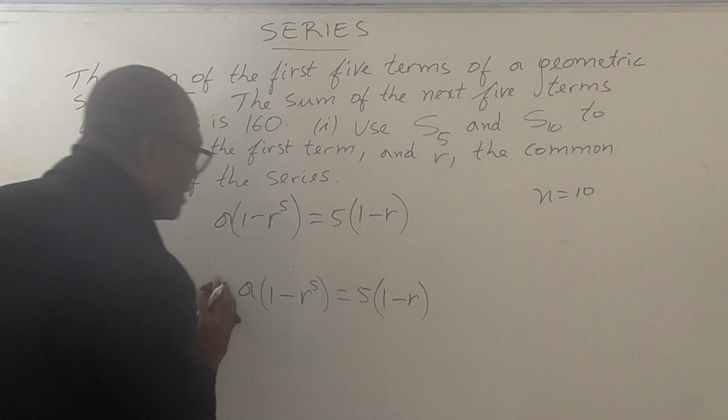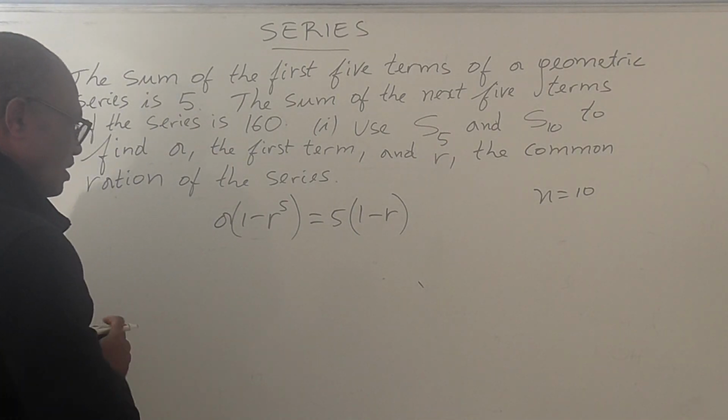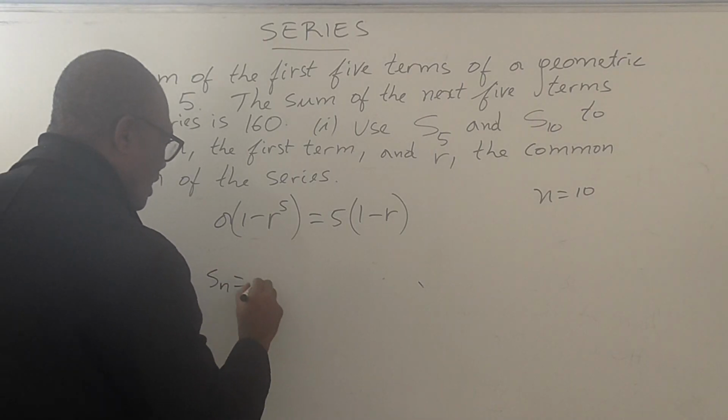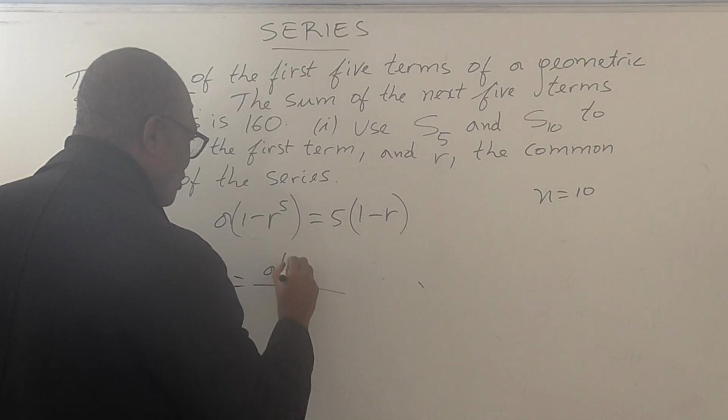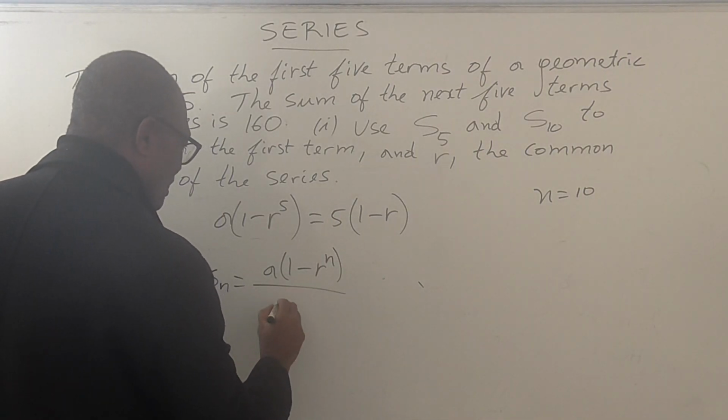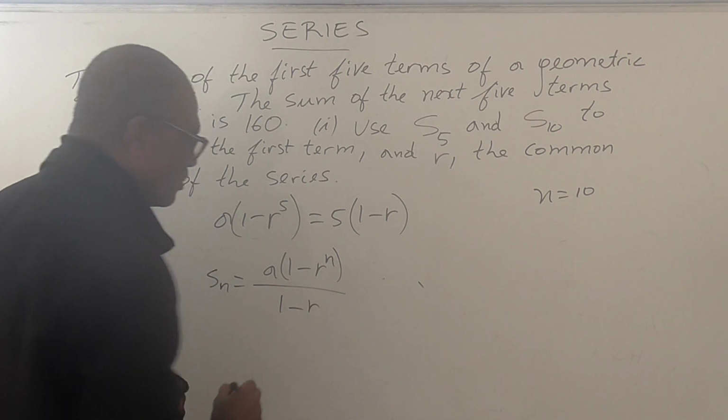And then the next, I write Sn is equal to A bracket 1 minus R to the n, over 1 minus R.